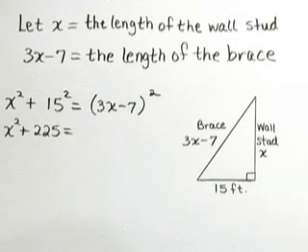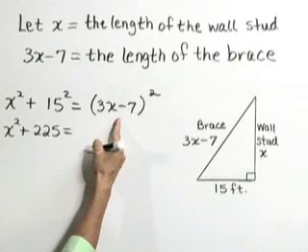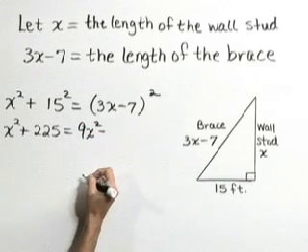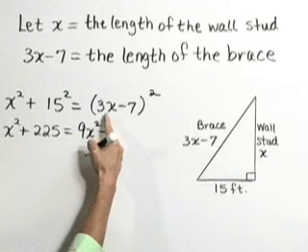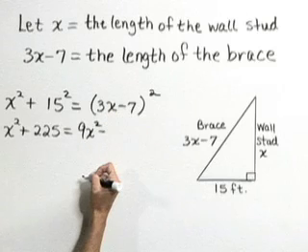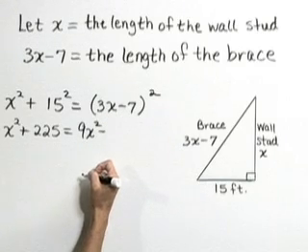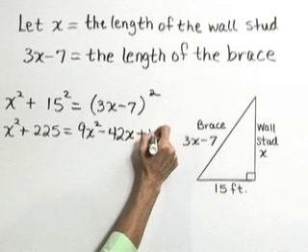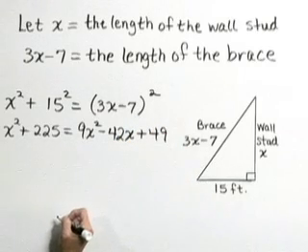On the right side, foiling or squaring this binomial, we get a 9x squared minus 2 of the products, 3x times 7. That's a minus 42x and plus 49.